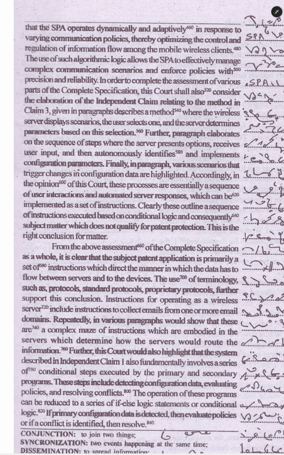Further, paragraph elaborates on the sequence of steps where the server presents options, receives user input and then autonomously identifies and implements configuration parameters. Finally, in paragraph, various scenarios that trigger changes in configuration data are highlighted.